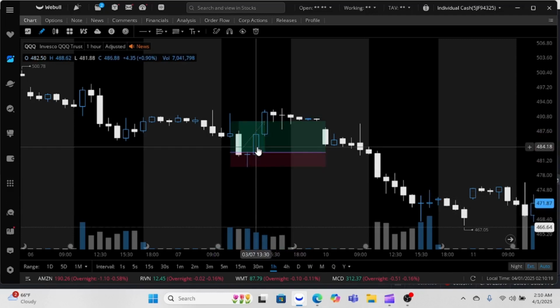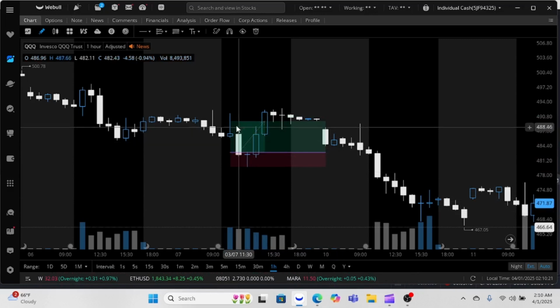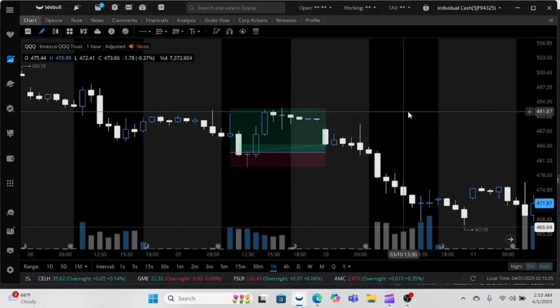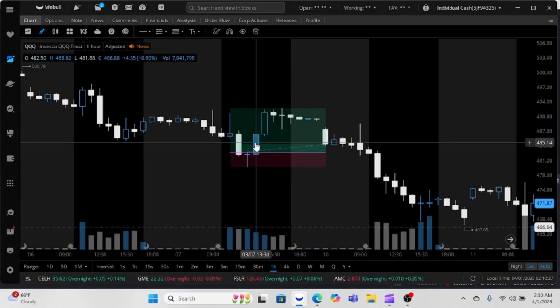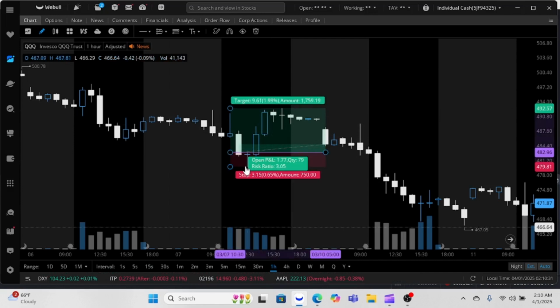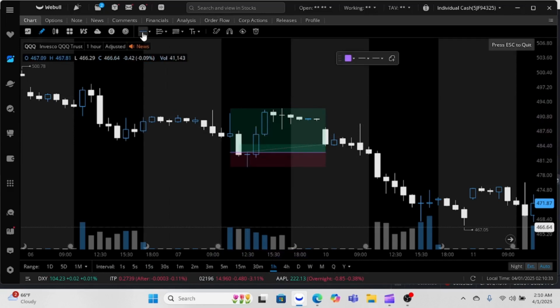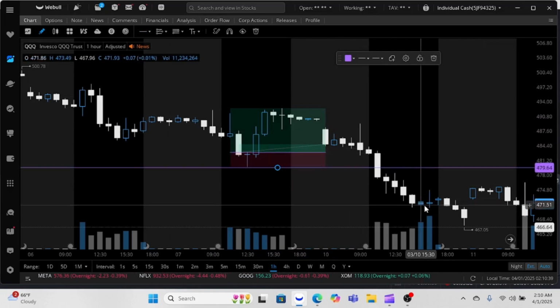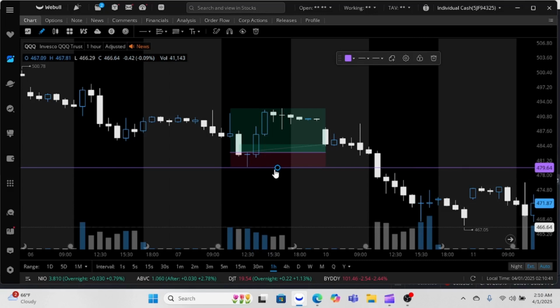So if someone entered, say on this candle, and they're looking for it to move up, so their profit is up here, they enter the position down here, they're going to put a stop below this so that if price goes below this, they're going to want to get out of that trade so something like that doesn't happen. So a stop loss is exactly how it sounds. It stops your losses from becoming too big.